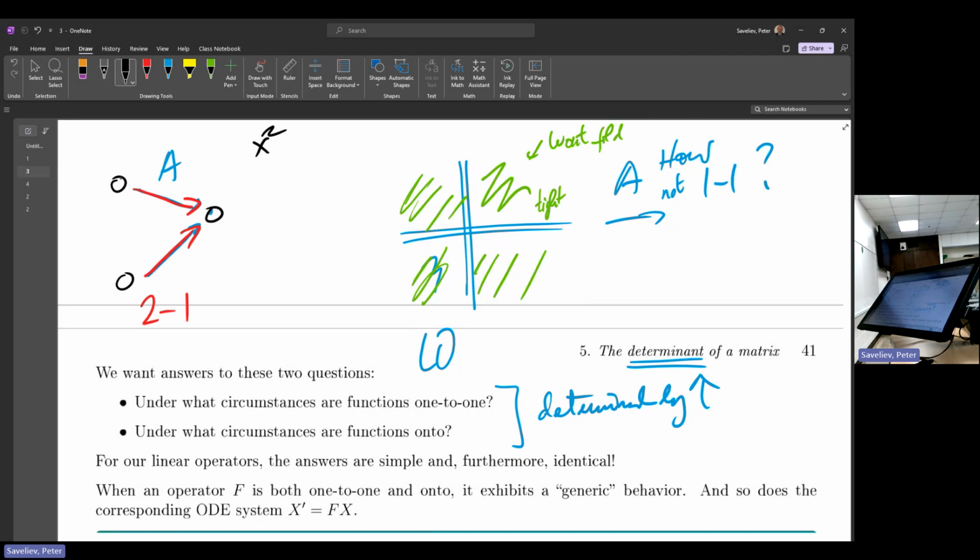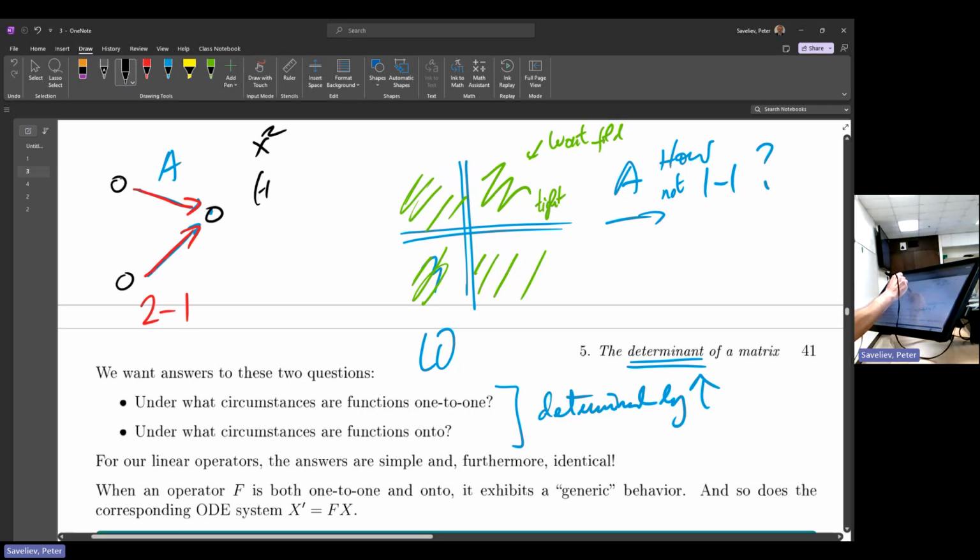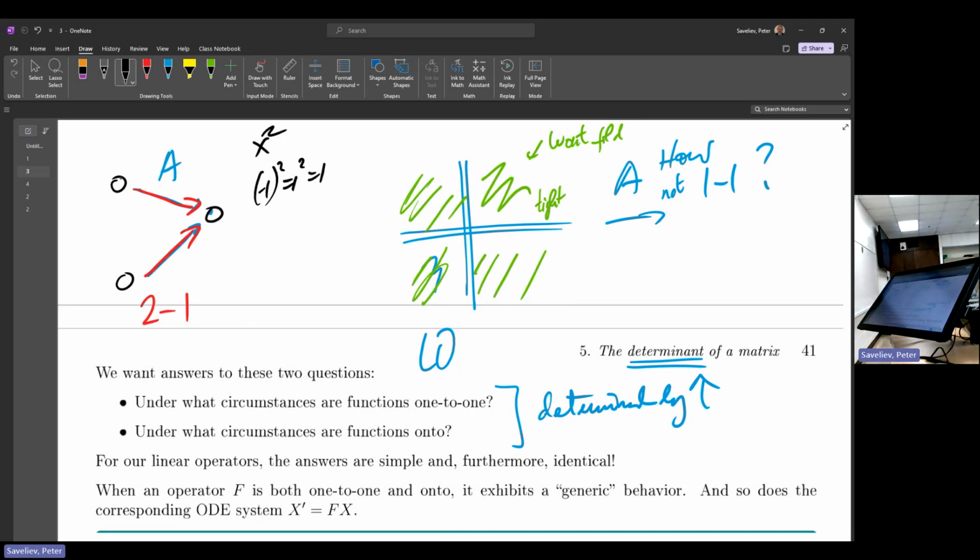Linear functions are all one-to-one in calculus, with the exception of the constant function, which is not. Otherwise, this is the standard example of not one-to-one functions: x squared, absolute value, fourth power, sine, cosine, all of these functions are not one-to-one. Why is x squared not one-to-one? Because 1 and -1 result in the same output. The input is different, but the output is the same.